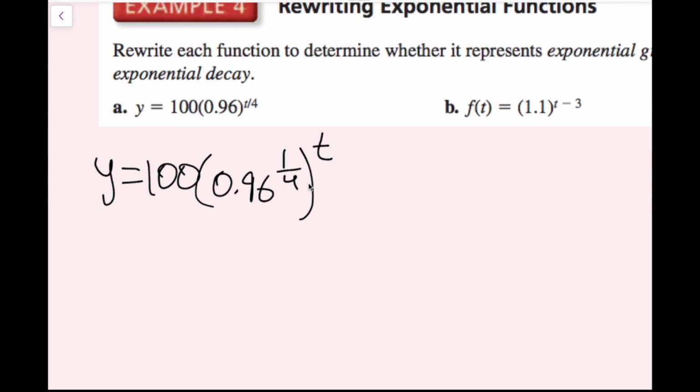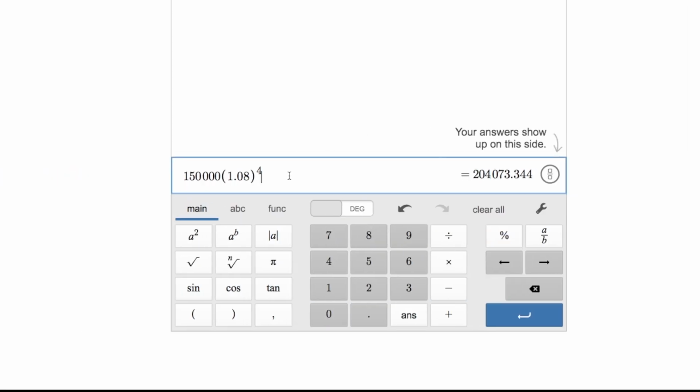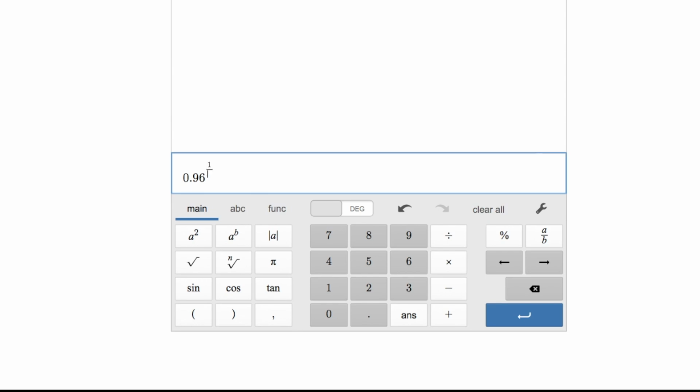All I've done is I've broken up my fraction using my exponent properties here. Okay. So now what I can do is I can take the 4th root, or take 0.96 to the 1/4 power, okay, and then I'll be able to tell if it's exponential growth or exponential decay. Okay, so I'm going to rewrite this as y equals 100 times, okay, and now I'm going to go to my calculator to do 0.96 to the 1/4 power. So 0.96 to the 1/4 power, remember that's the same thing as taking the 4th root, both will work.